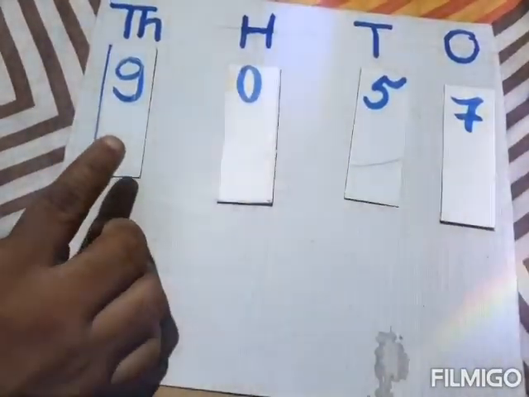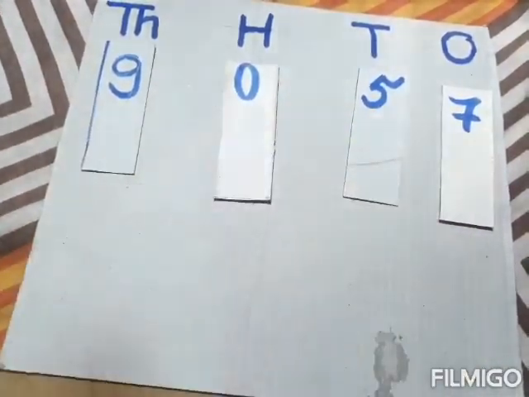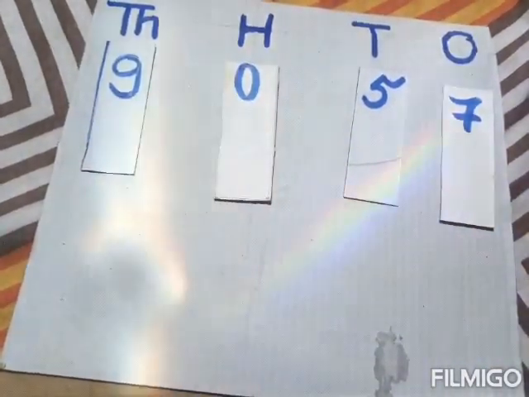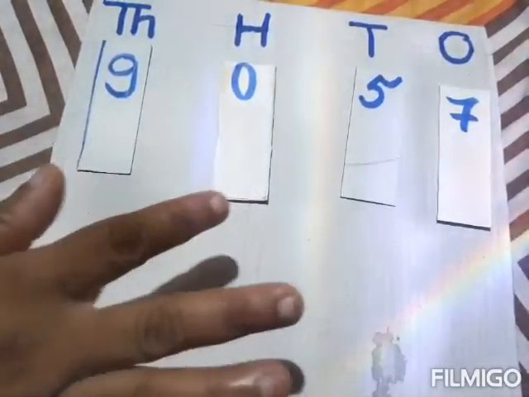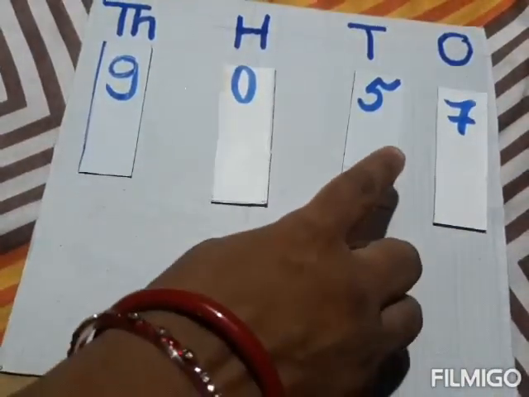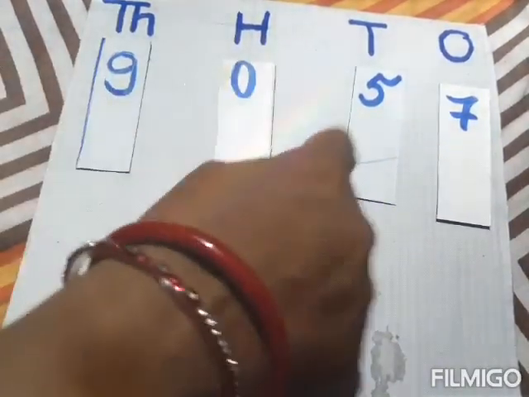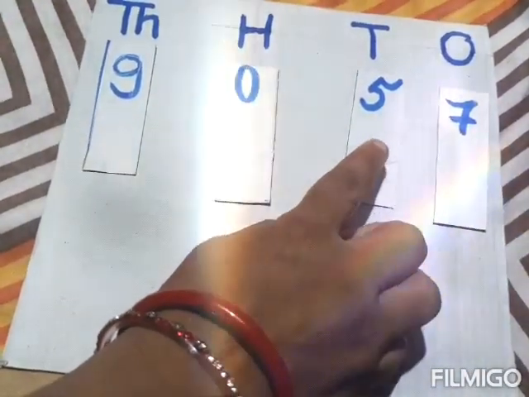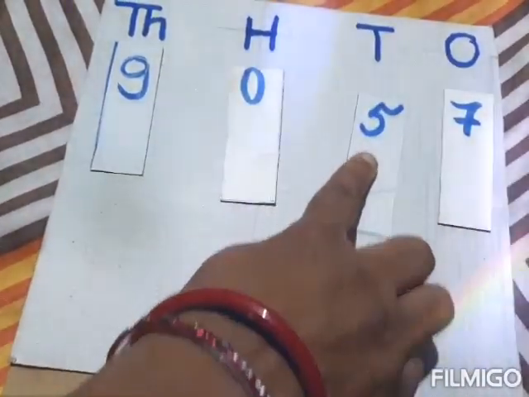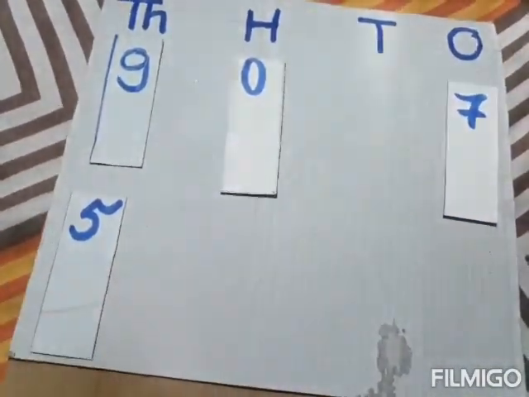Among 9057, which one is the smaller one, children? Yes, 0, but though 0 is the smallest one, we can't write it first. So which one is the smallest among 9, 5 and 7? Yes, 5. We will take out this 5 and keep it under the 1000 place.